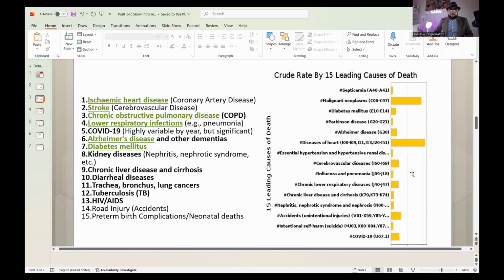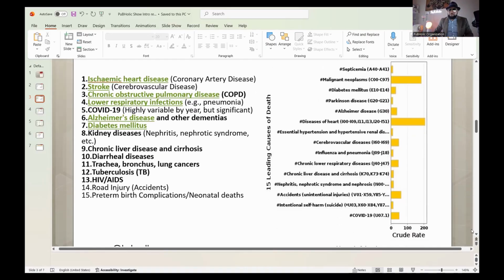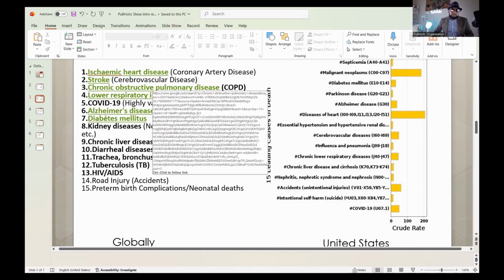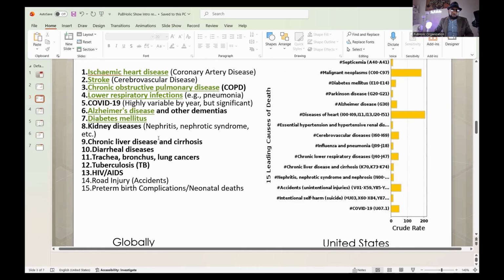But if you look at global death, it's also shown that the top global cause of death is heart disease. Then you come in here with cerebrovascular disease, which is stroke, and then chronic obstructive pulmonary disease, lower respiratory infection, and then COVID-19 globally came fifth, while in the US it came at number 10.